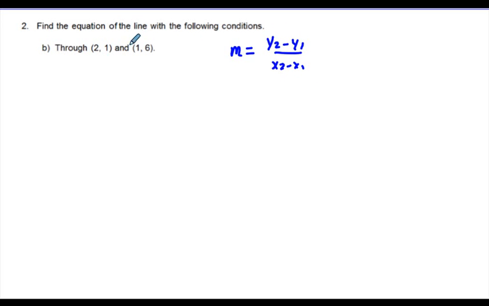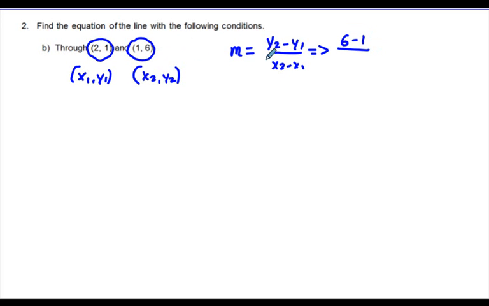We can call 1, 6 x2, y2, and this point 2, 1 we can call x1, y1. Just plugging in here, we get 6 minus 1 over 1 minus 2, which is 5 over negative 1, equals negative 5. So negative 5 is our slope here.